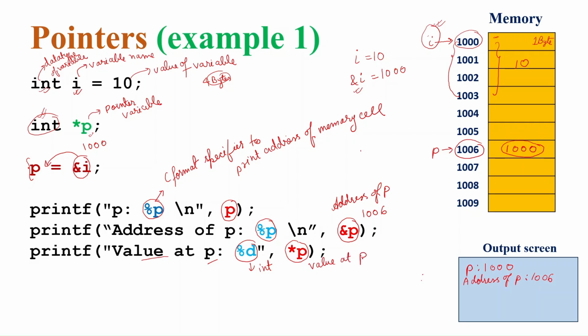What have we assigned to p? p contains 1000. So we have to find the value at 1000. What is stored at 1000? It is pointing here.